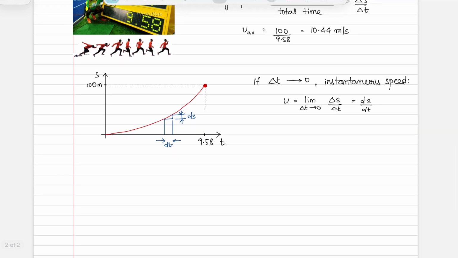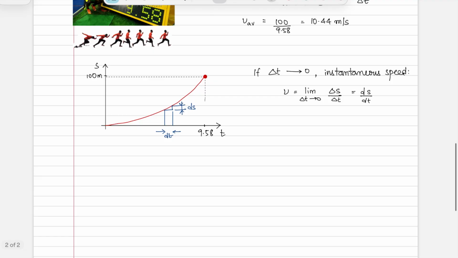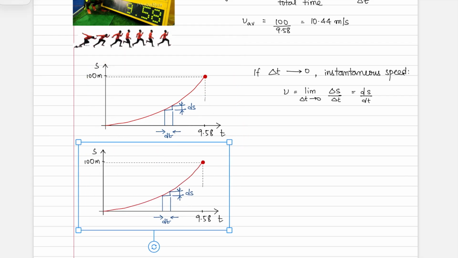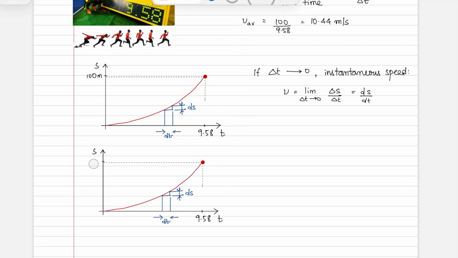Now this might be super straightforward, but bear with me. We are going to do a problem that might challenge your understanding and make sure that you're following me. If I were to sketch, instead of displacement versus time, the instantaneous velocity versus time, you would get something that looks like this, perhaps.